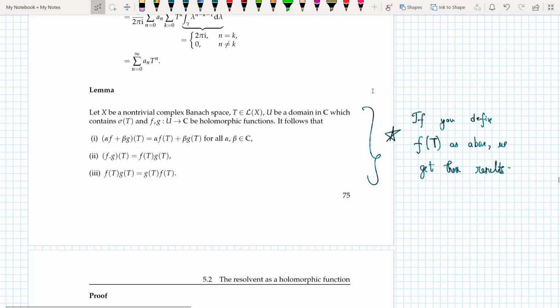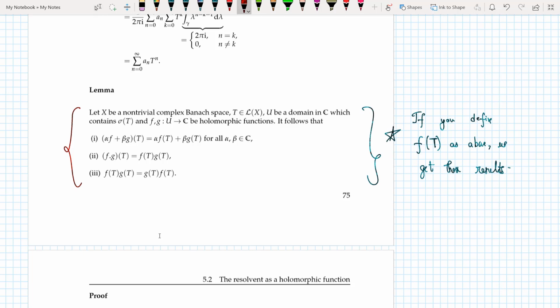Okay, let's talk about this one final thing. When I talked about defining functional calculus, when I define sine of T, or things like that, I want them to satisfy my good old laws of calculus, this property of linearity, those properties of transitivity.